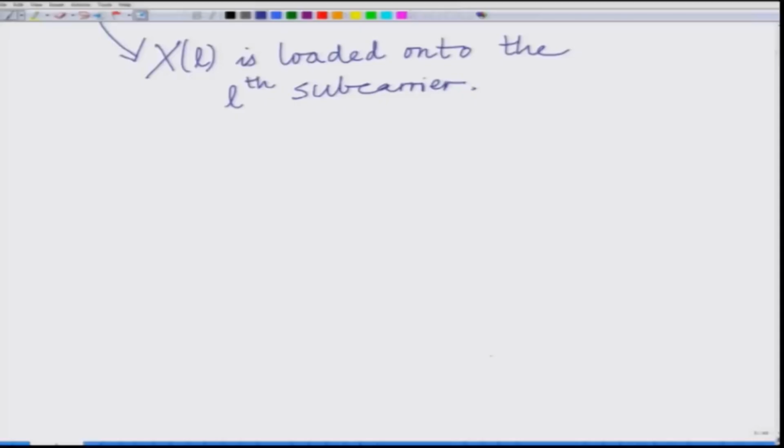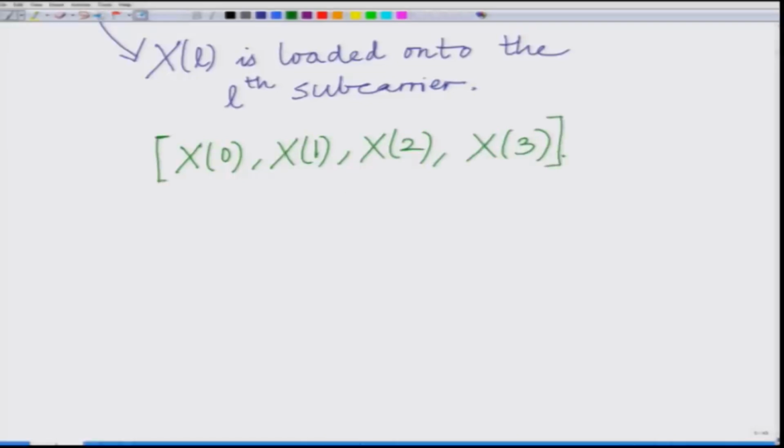Now, what does it mean to say they are loaded onto the subcarriers? This is what it means. We have the symbols X0, X1, X2, X3. What we are going to do with these symbols is perform the N point IDFT.